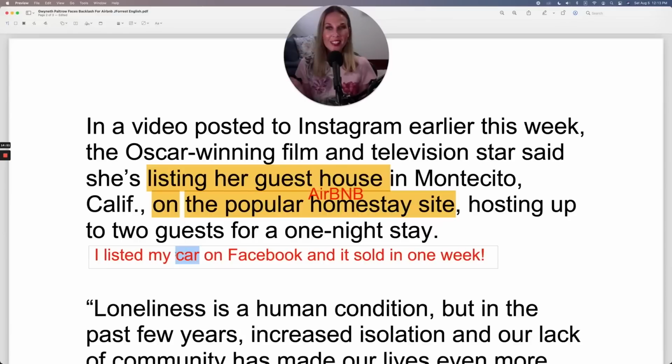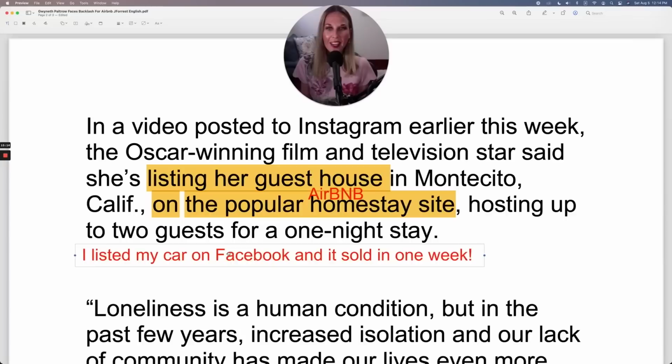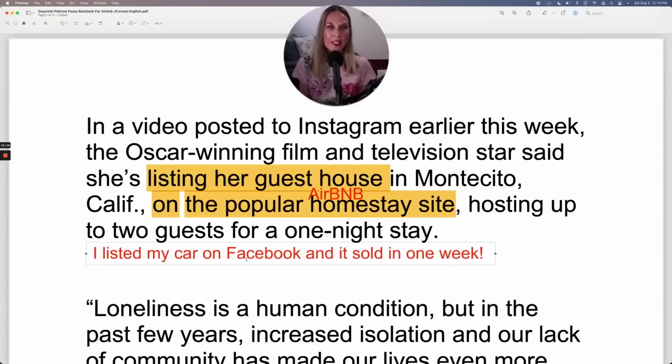Well, I listed my car on Facebook, the Facebook Marketplace. I listed my car on Facebook and it sold in 1 week. Now, if I list an item somewhere on a specific site, it means I make it available for purchase or for use. So I did that. What about you? Have you listed any items on any websites?